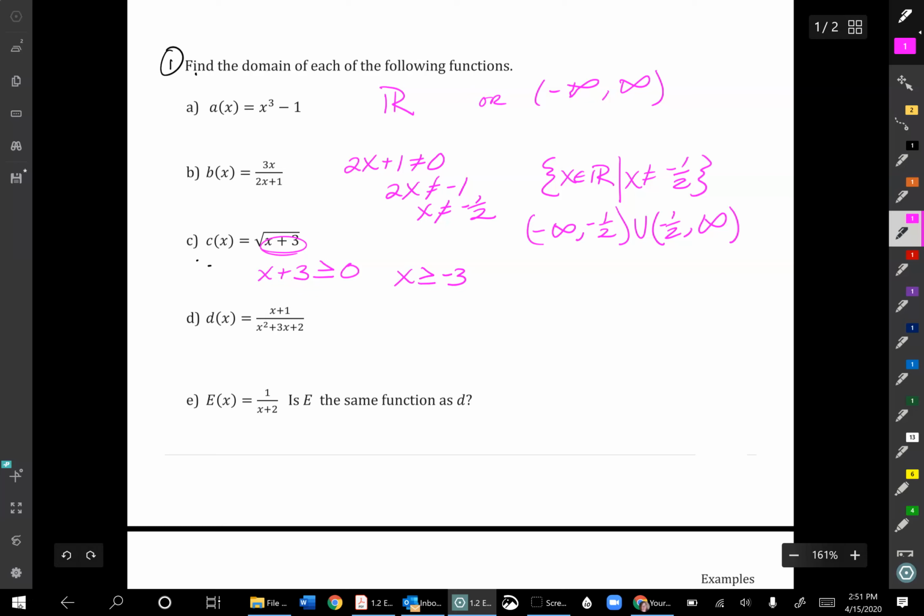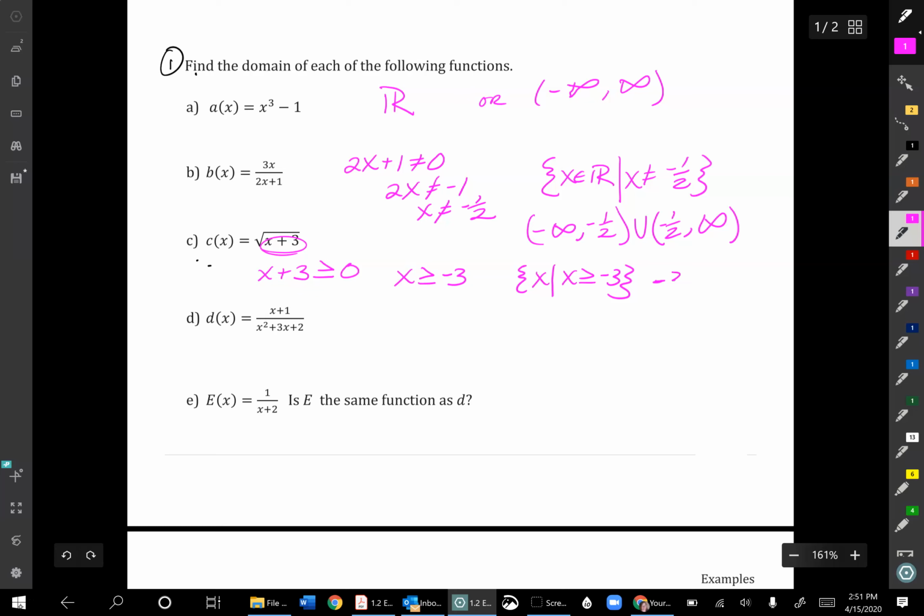And that's really it. We can write it in set notation more formally. A lot of times I just have you write it as an inequality just like that. The other way we could also write it is in interval notation. I can put that over here.